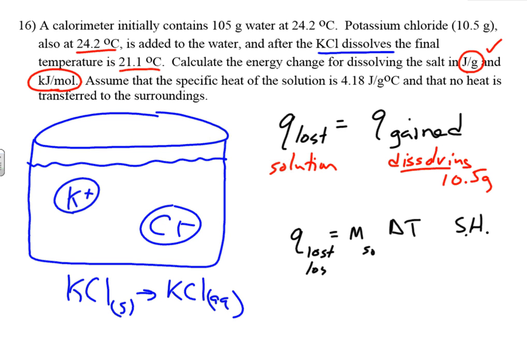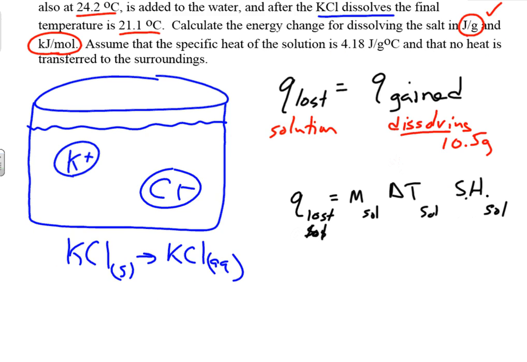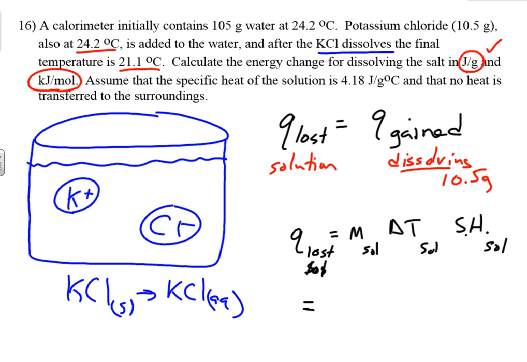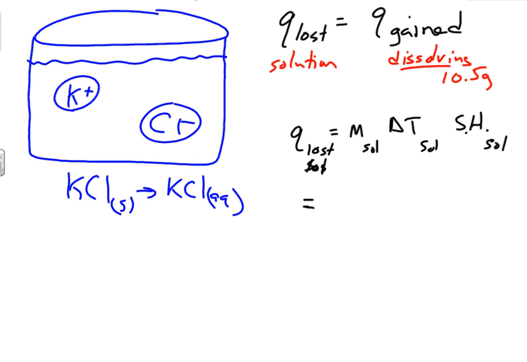So I need to make sure that the values I'm putting in there refer to the solution. The mass of the solution is going to be the combined mass of both the water and the solid. So there's the 105 grams and the 10.5 grams.